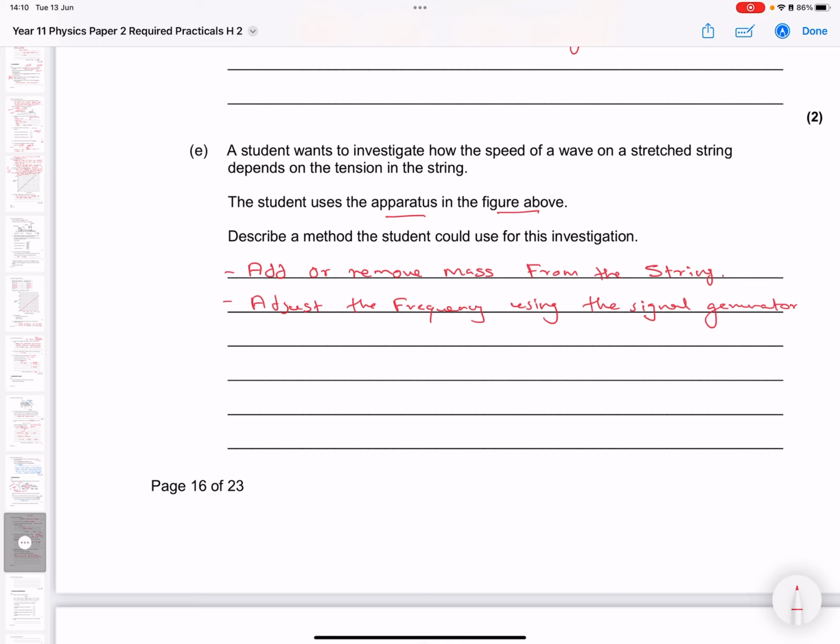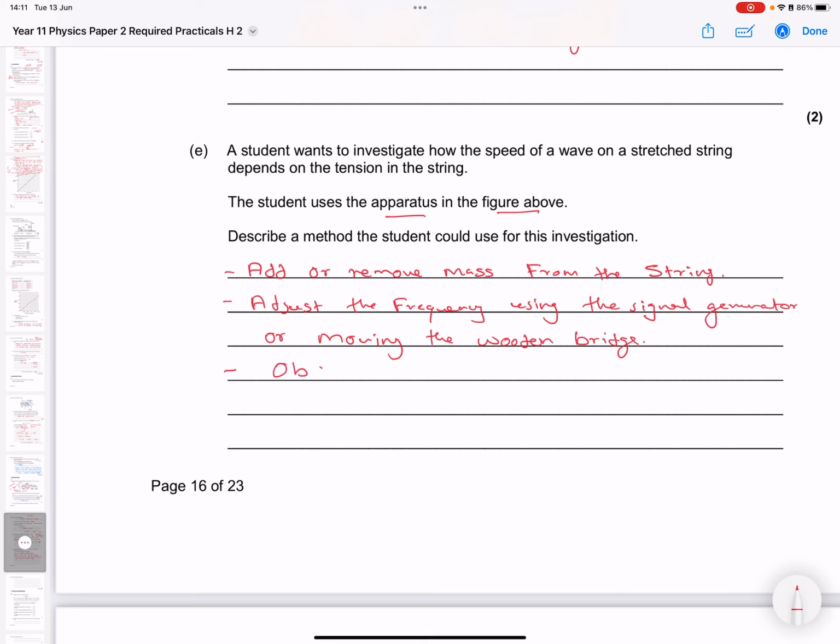You could do that, or you can adjust the frequency or wavelength by moving the wooden bridge to the left and right. You can alter the frequency by moving the wooden bridge to the right or left. And then you have to adjust until you create a standing wave again.